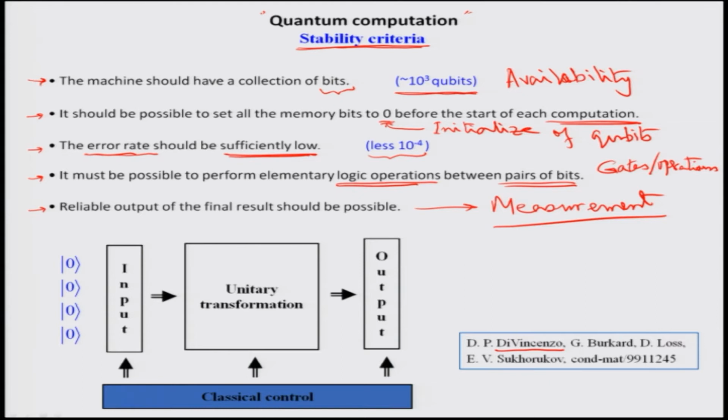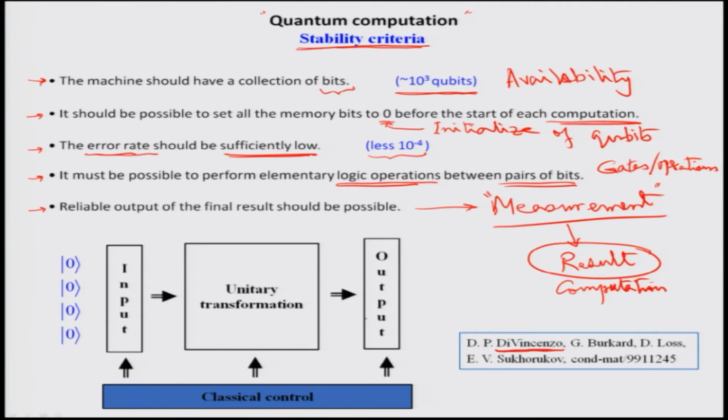And finally, after the process of computation is over, we would like to have the measurement made so that we can get to the results, which could be called computation. So, these are the basic set of 5 rules which are often used nowadays, and they go by de Vincenzo's rules.